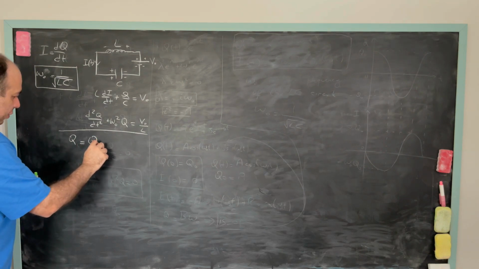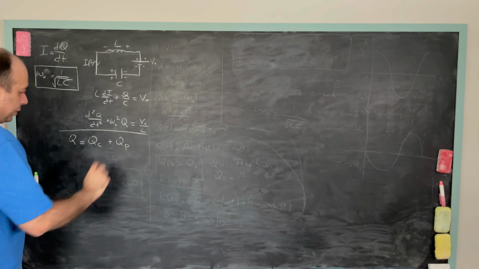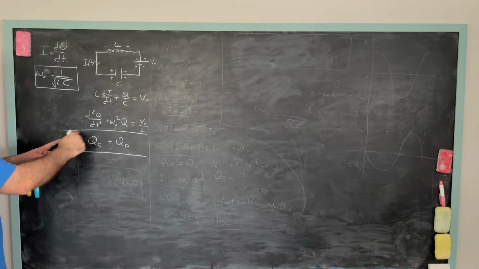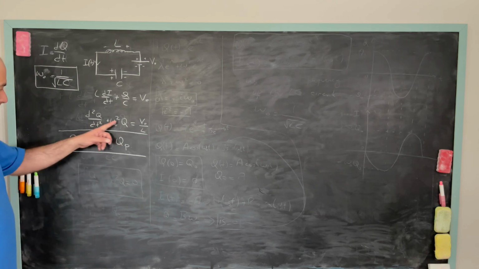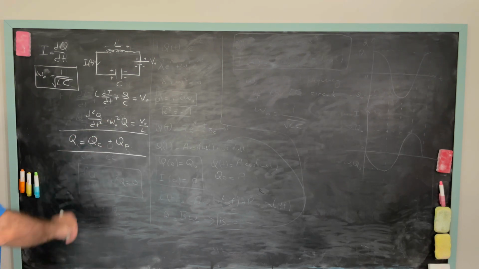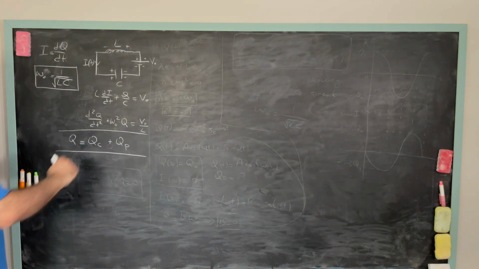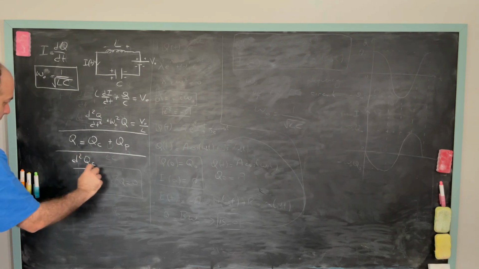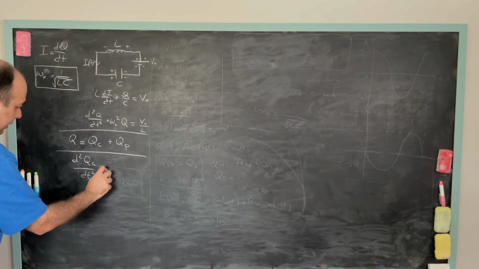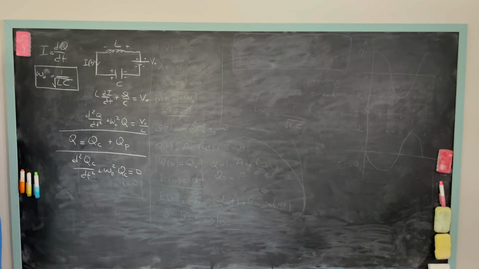So I will have a complementary solution plus a particular solution. So Q, the solution to this equation, is composed of two parts. One is the complementary solution, the other one is the particular. The complementary solution is the solution to the homogeneous differential equation. In other words, d square Q complementary over dt square plus omega naught square Q complementary is simply equal to 0.